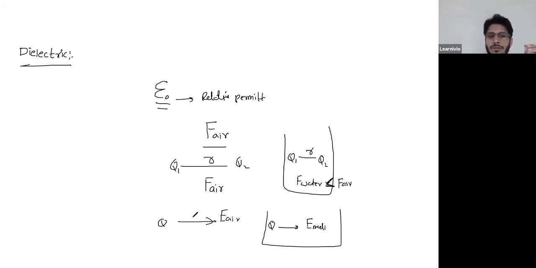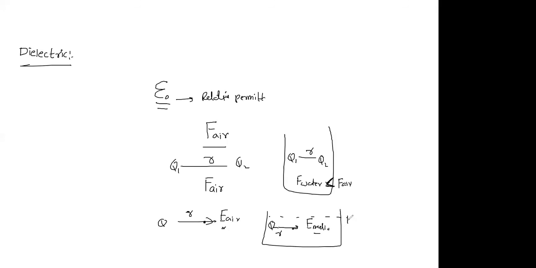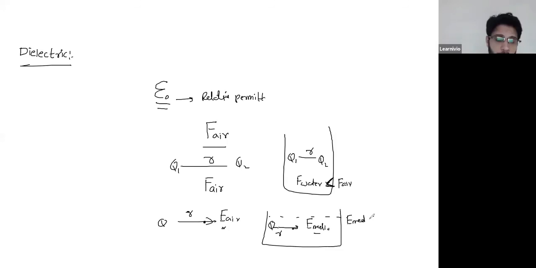I place the charge in air at some distance r from the charge, I measure the field and it comes out to be E air. I take the same charge, place it in a medium, say water, and calculate the field at the same separation. Can you guess how this field will change as compared to E air? In water, the field decreases.